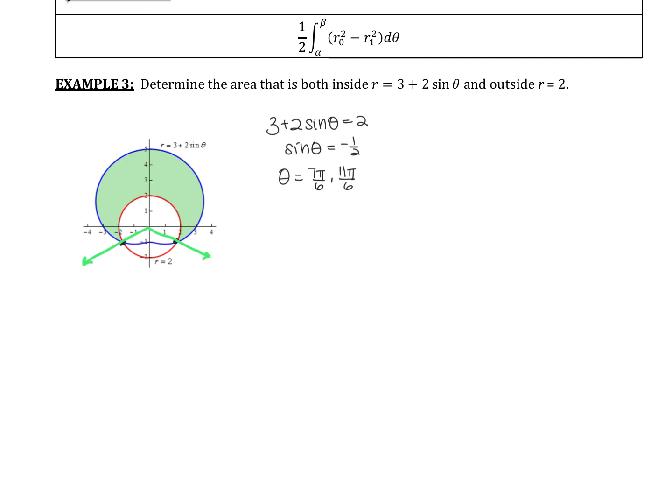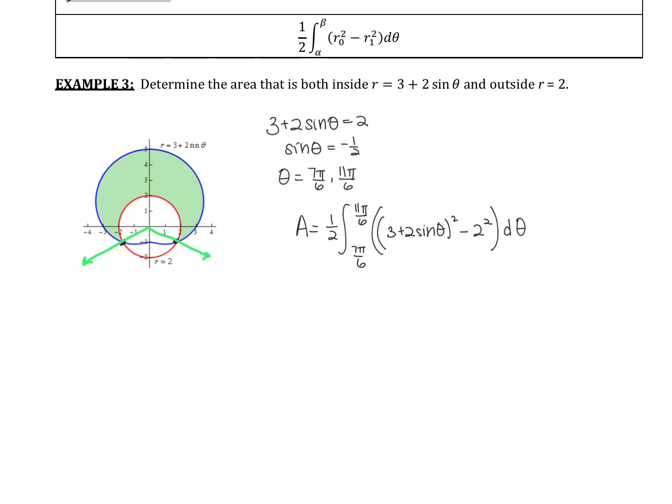Now, the problem is, if I were to write my integral right now, and I said that I wanted the area to be 1/2 the integral from 7 pi over 6 to 11 pi over 6 of this r sub 0, so the outside would be (3 plus 2 sine theta) squared minus 2 squared, put that all in parentheses, d theta.